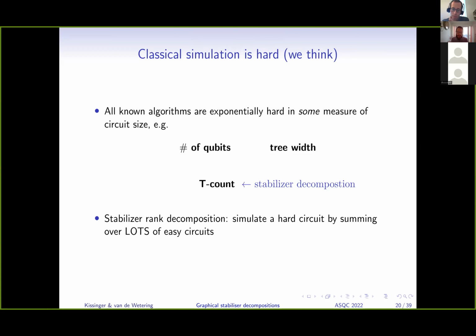I'll only talk about stabilizer rank decompositions. Stabilizer rank decompositions simulate a hard circuit by summing over simulations of lots of easy circuits. So basically, if I'm preparing some non-stabilizer state, then I write this as a sum of stabilizer states, and I simulate each of those, and I sum up the results.